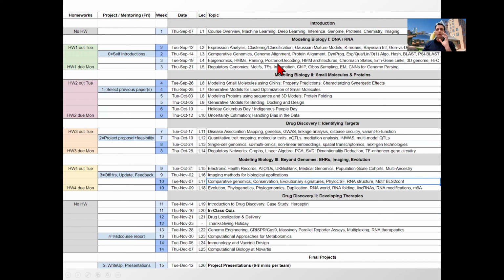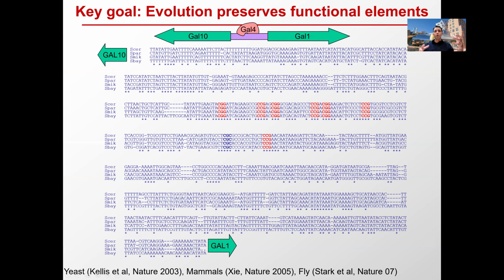So we've talked a lot about comparative genomics in the alignment sections. Our goal was to measure conservation of functional elements. And the key idea was that by studying the alignments that we were making in lectures 2 and 3, we are now able to pinpoint evolutionarily conserved nucleotides. Everybody with me so far?